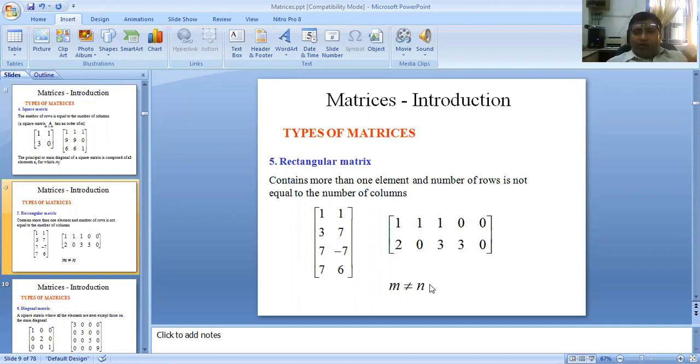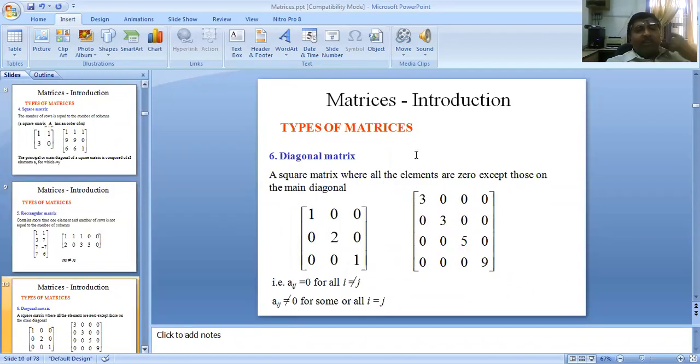And it can only be possible when there is an inequality between the number of rows and columns. If the number of rows is more than columns, or the number of columns is more than the number of rows, then that kind of matrix is called a rectangular matrix.